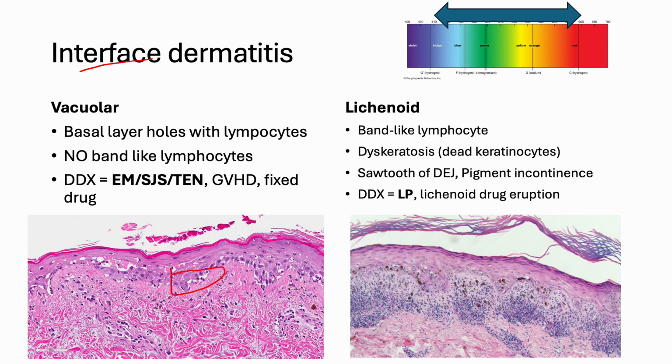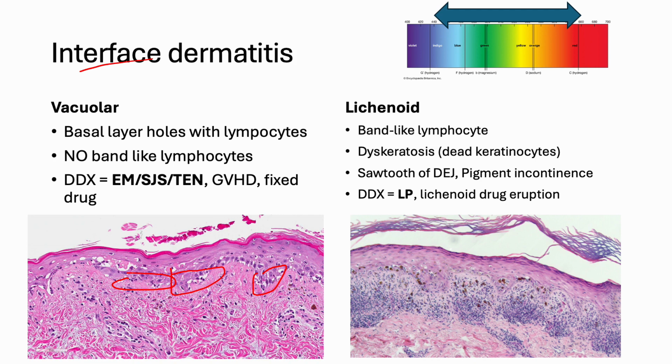The interface dermatitis can be subdivided into vacuolar and lichenoid interface dermatitis. The vacuolar means the inflammation is minimal, only causing the basal layer liquefaction, or you can see those holes with lymphocytes without a lichenoid band-like lymphocytic infiltrate.